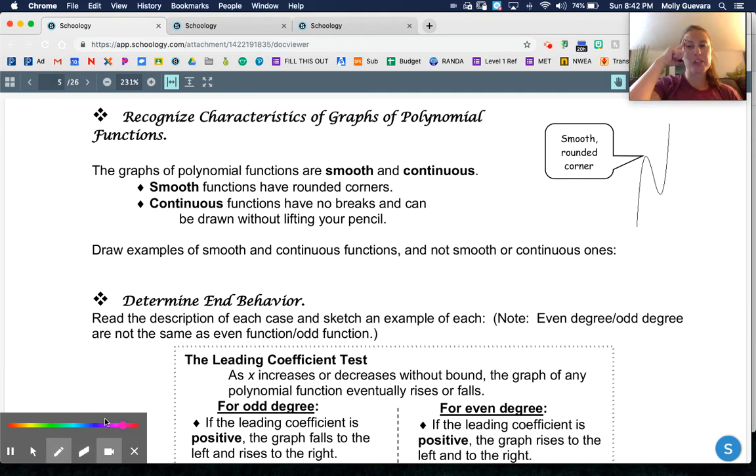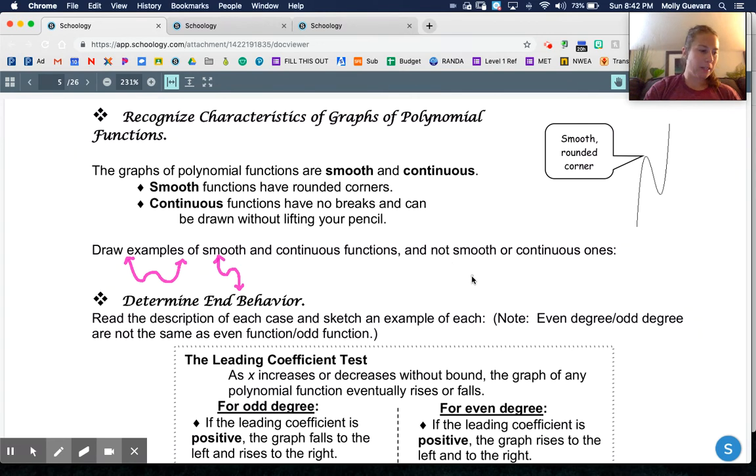So you have to be able to draw it continuously, and all the corners and everything have to be smooth and rounded. Here is an example of smooth and continuous functions: you could have something like this, right? That's smooth and continuous. The corners or the turns are rounded. You could have something like negative x cubed, okay, smooth and continuous. Something that's not smooth, I guess I could just draw what I just had, right?